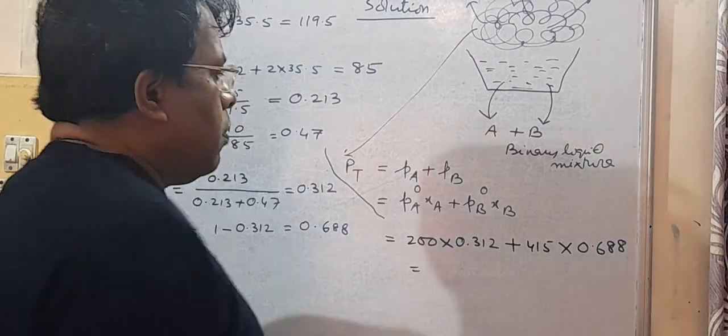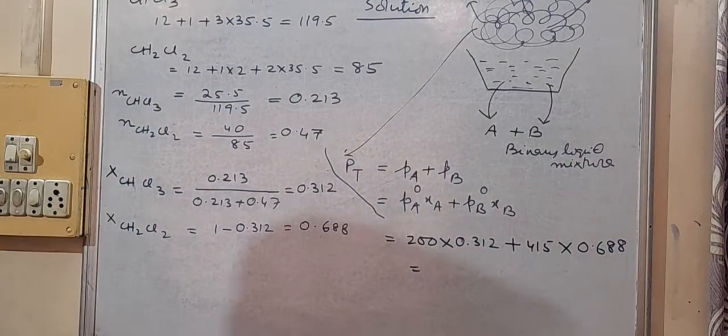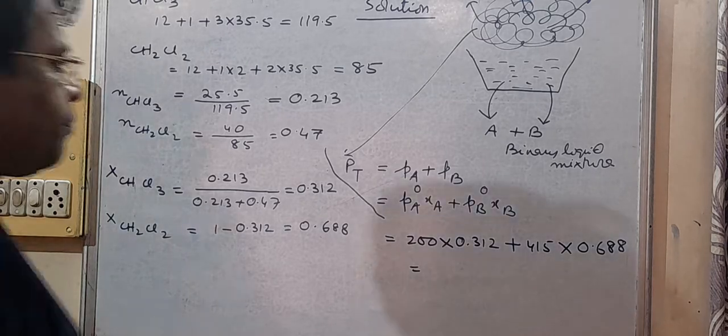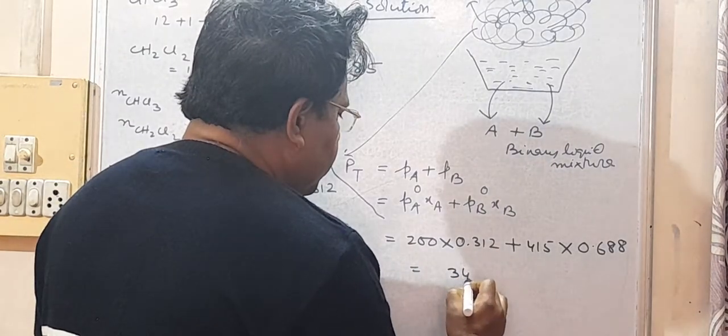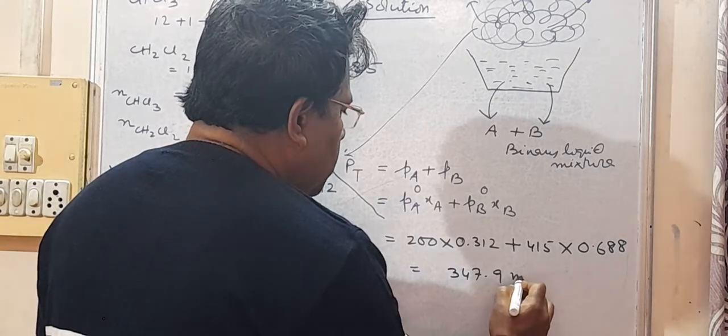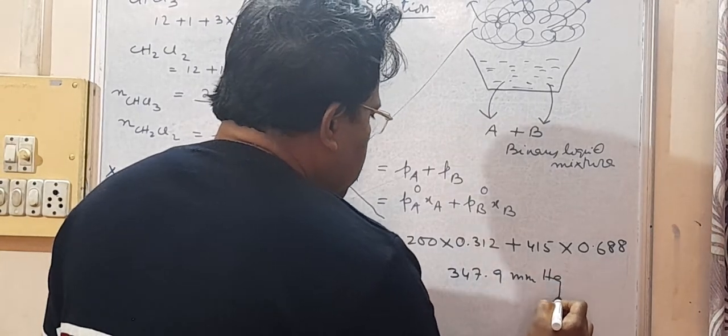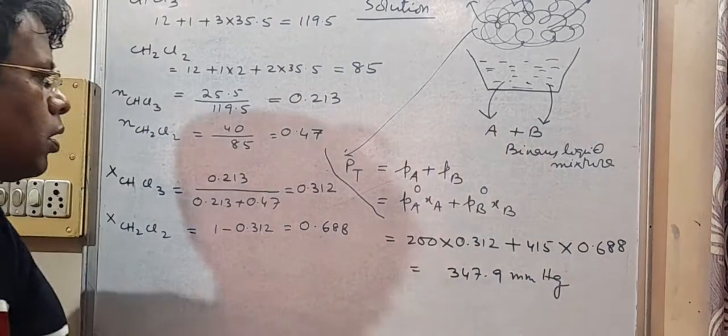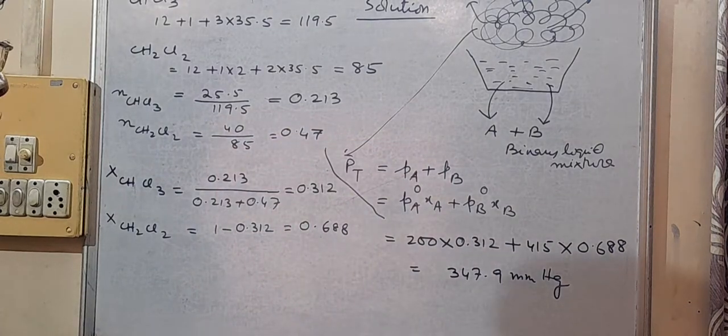So this you have to multiply, and the answer that you will get is 347.9 millimeter mercury. So this is part 1 of this question.